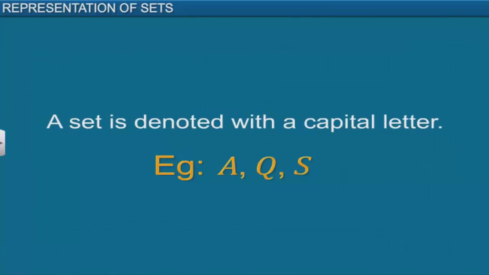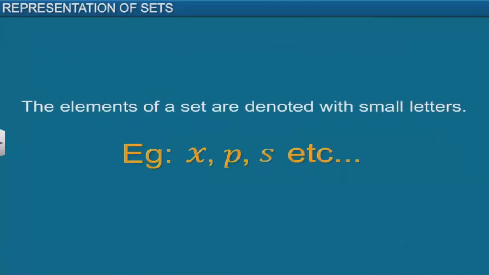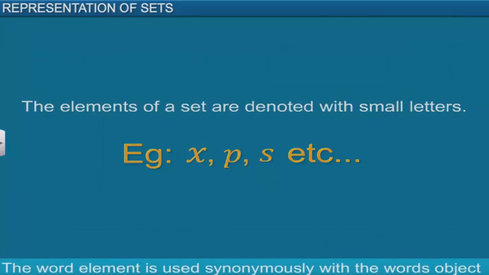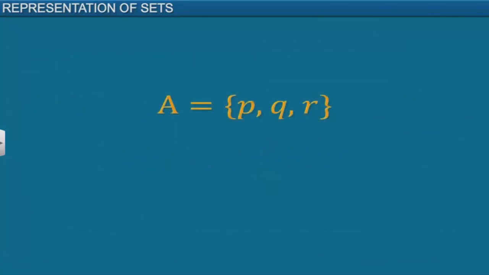The elements of a set are denoted with small letters. The word element is used synonymously with the words object and member. Consider the set shown here. The set is denoted with a capital letter A. The elements are denoted with small letters.